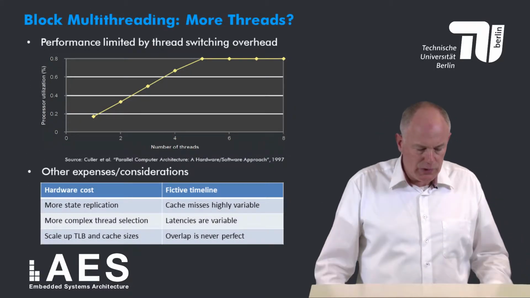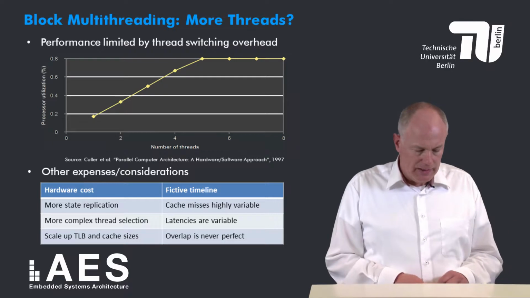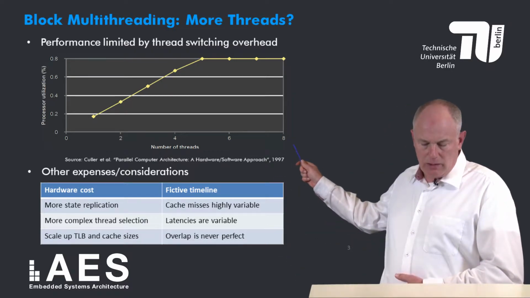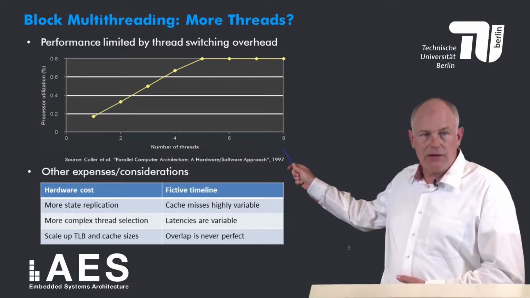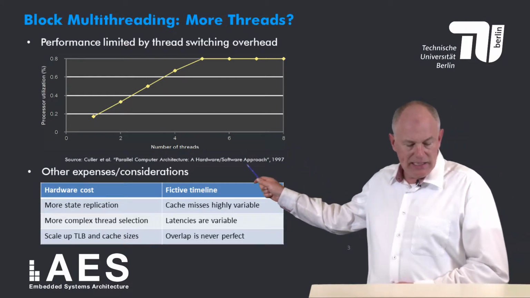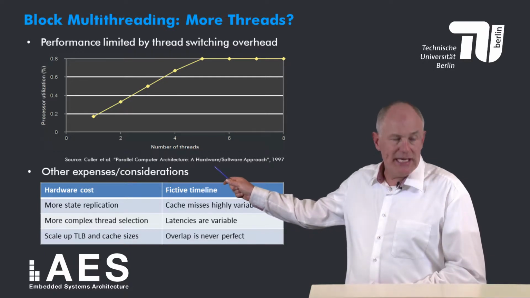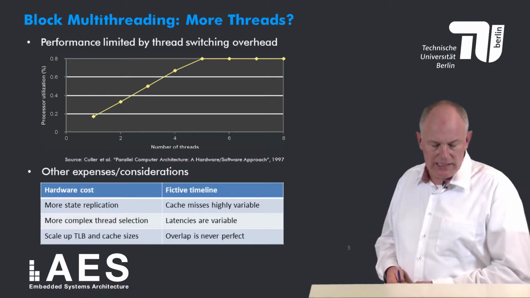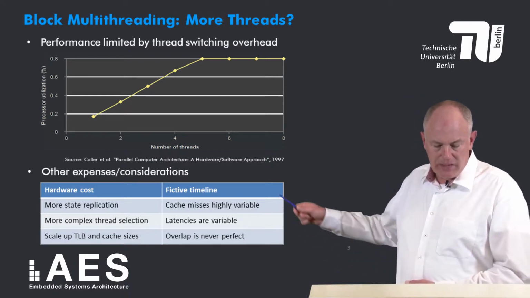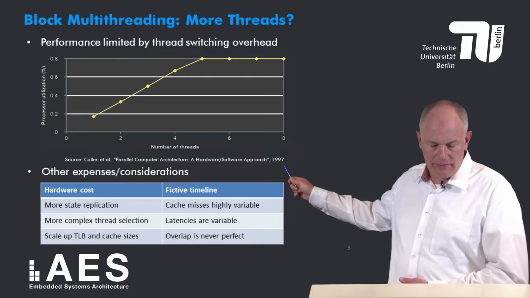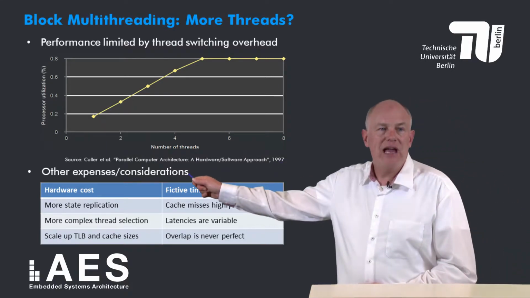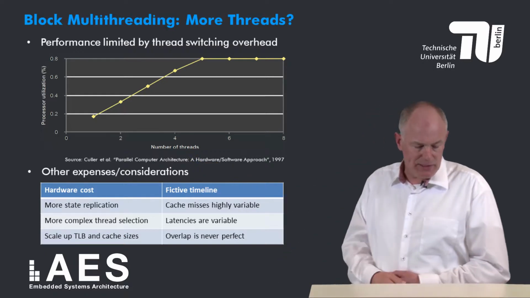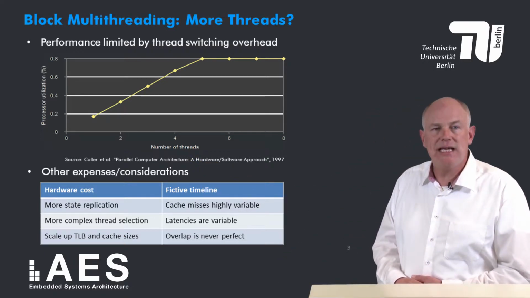This figure here is taken from a book by Culler et al., Parallel Computer Architecture: A Hardware/Software Approach, and it shows the utilization in percentage. The y-axis shows the processor utilization as a function of the number of threads. Apparently, if we have one thread, then only slightly less than 20% of the time our processor is busy executing.